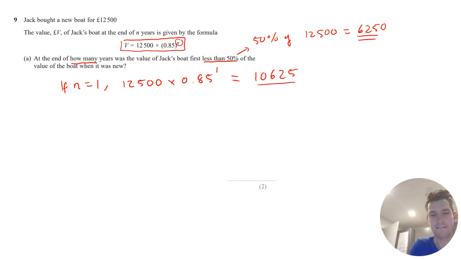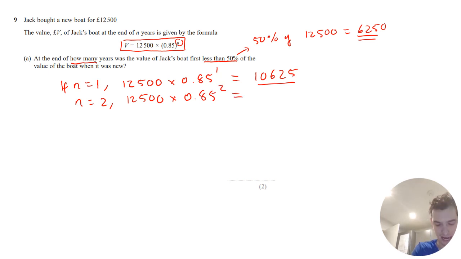So after 1 year, it's that amount, which is not less than 6250. Now, let's keep on going. So when n is 2, you're going to substitute n is 2, and you get this. Still not less than 6250. And if you keep on doing it, you're going to get your answer.